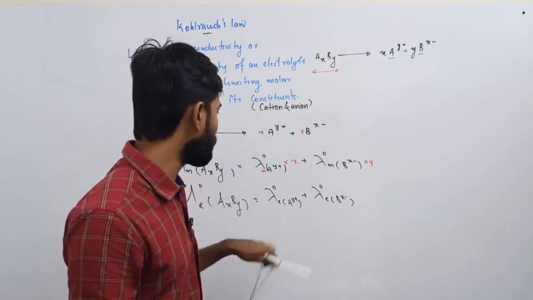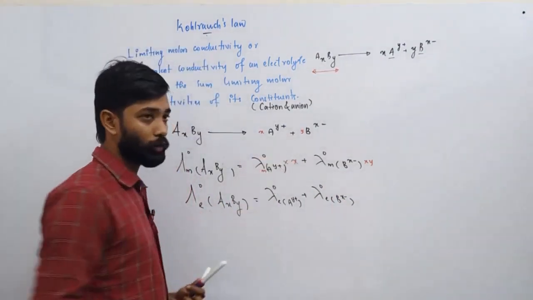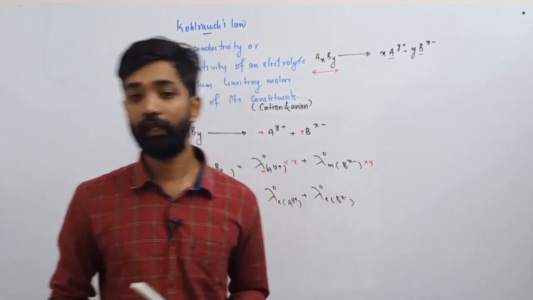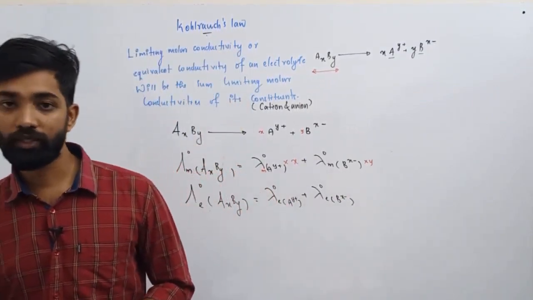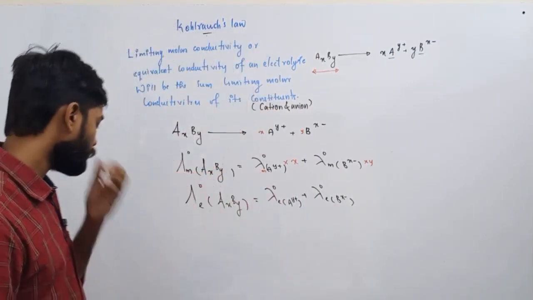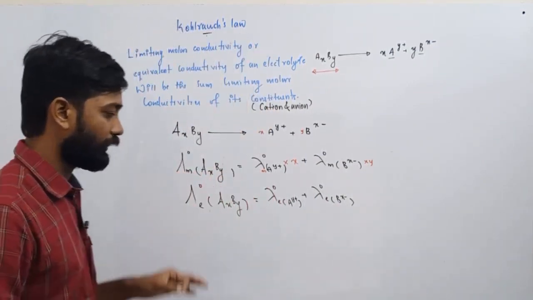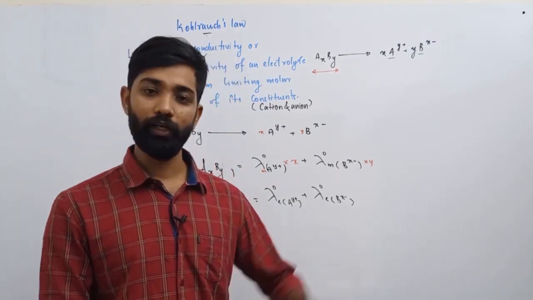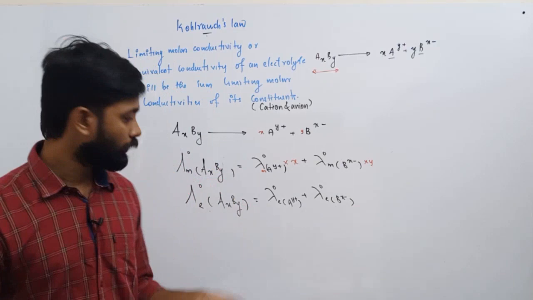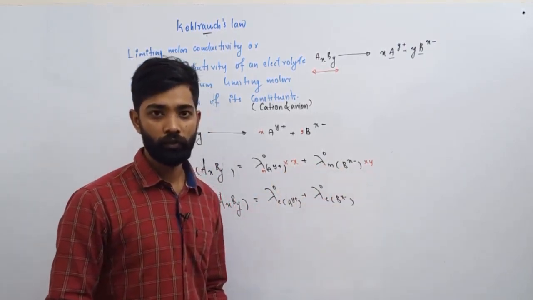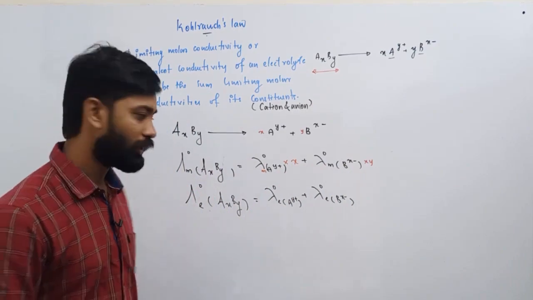No need of multiplying with the numbers. For equivalent conductivity, you simply add the limiting conductivity of cation and limiting conductivity of anion. Okay? See the difference.